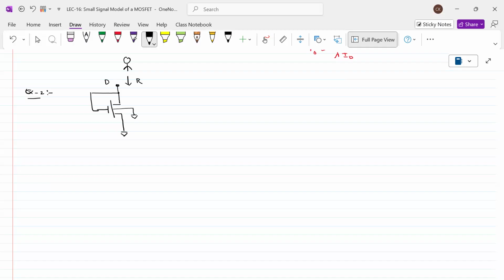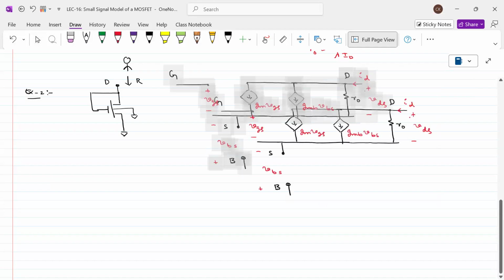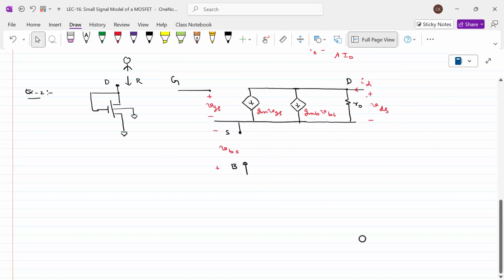So what should happen in this particular case now? What are the unknowns here? Again, we want to look at the drain. Therefore, at the drain we have to keep a source, plus minus. This voltage is called Vx and this current is called Ix.